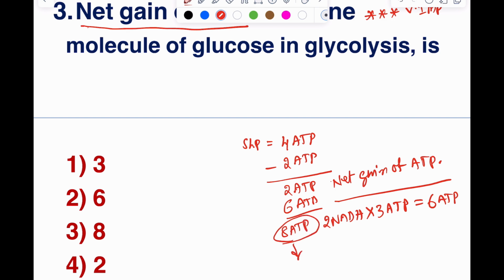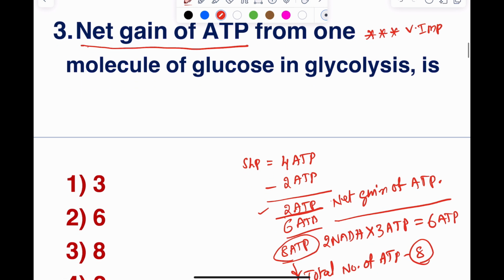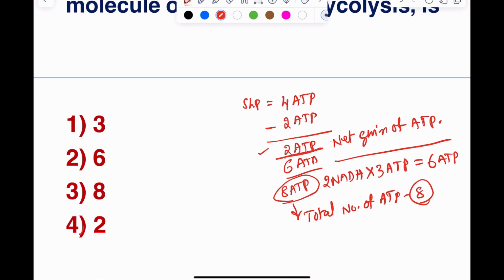It is total number of ATPs in glycolysis, answer will be 8. But net gain of total ATP molecules 2. So here the net gain of ATP molecules from 1 molecule of glucose in glycolysis is option number 4 is correct.